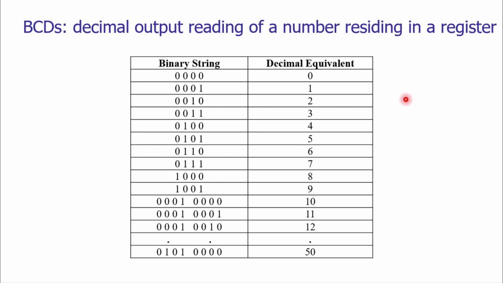Then to represent a 3-digit decimal number, we can use 3 registers, or to represent a 2-digit decimal number, 2 different registers can be joined together and BCD can be applied.